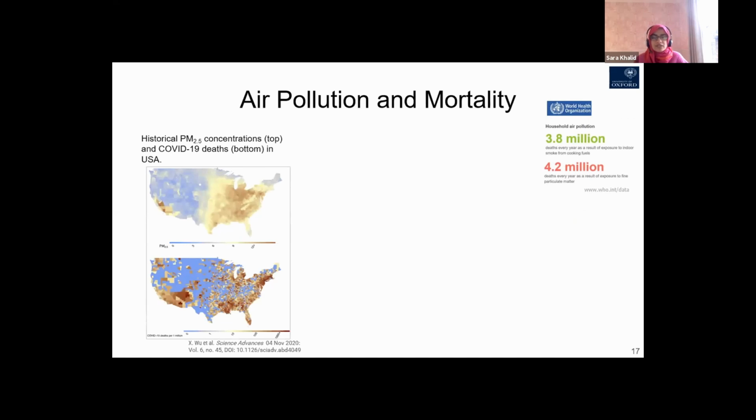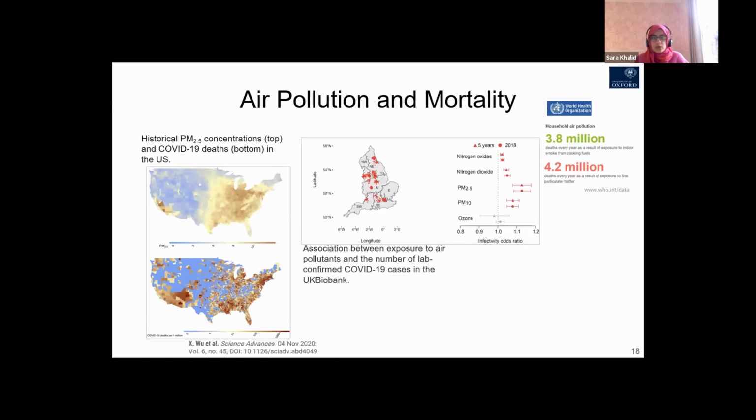In one of the first studies done on this in the US earlier in the pandemic, a higher incidence of COVID-19 deaths was seen in some of the more polluted areas in the US, with similar findings in the UK, where additionally a further link was found with ethnicity. In the sense that ethnicity is strongly correlated with pollution exposure, with ethnic minorities in the UK more likely to be living in more polluted areas.